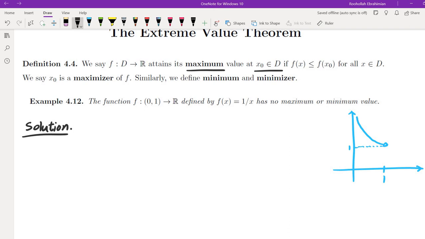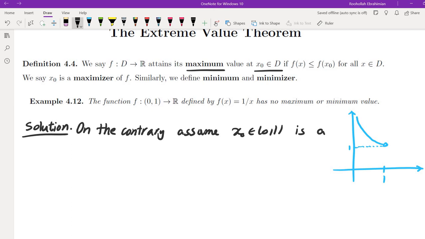So we are going to prove it does not have a maximum or a minimum value. Since we are trying to prove negatives, we are going to use proof by contradiction. So on the contrary, assume x0 in (0, 1) is a minimizer.